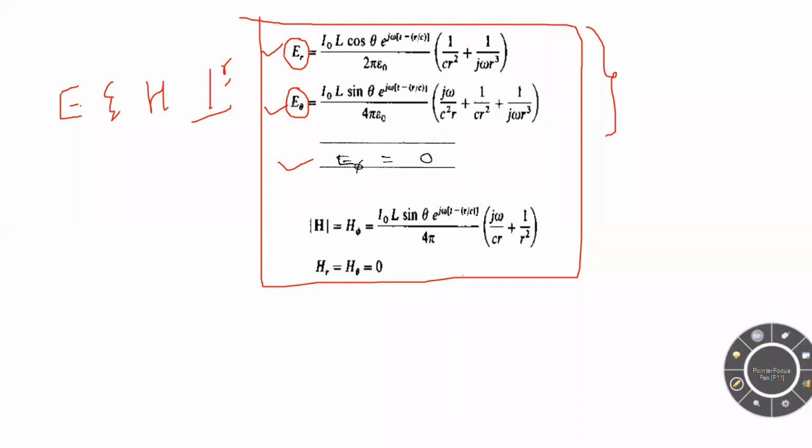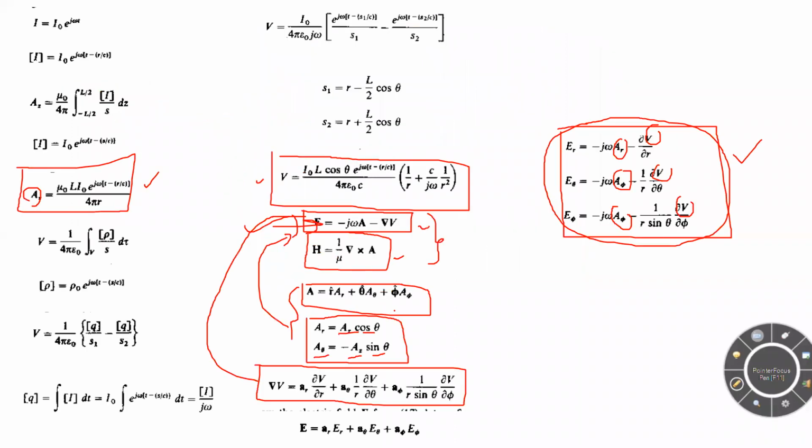Because of that, when you simplify the other equation, you find that HR and H theta are equal to 0. Either use that condition or use this equation and simplify, or refer to the cross product and obtain E cross H to see the result.